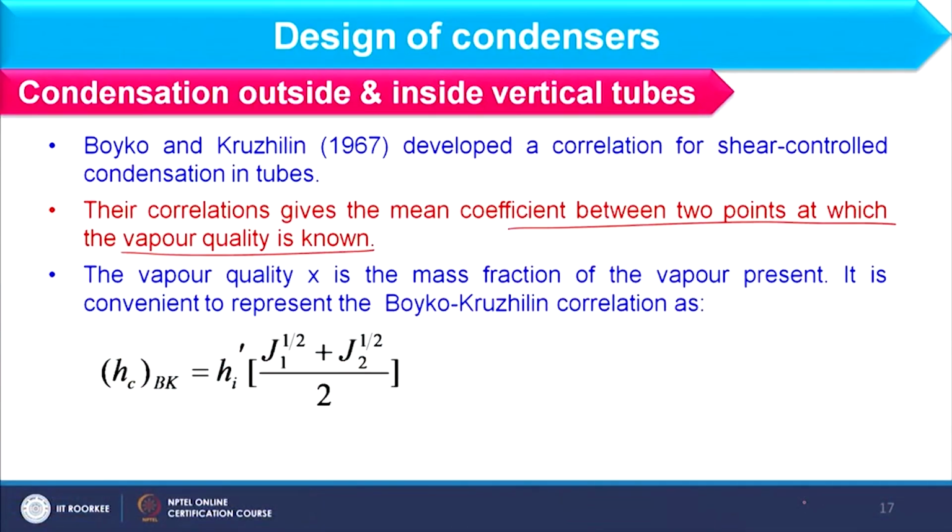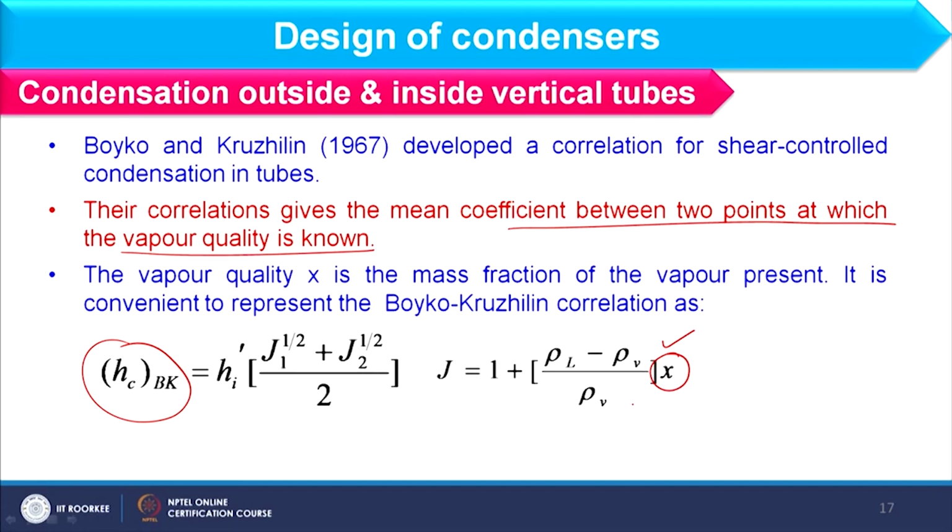So, we have the Boyko-Kruzhilin correlation like this, where h_CBK is shown as h_i dash times (J1 and J2) by 2, okay. J we can consider by this, which will depend on the vapor quality. J1 and J2 are basically at the inlet and outlet of the condenser, okay.